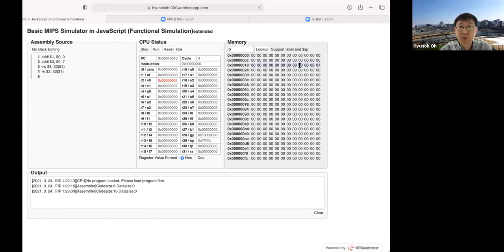This is the starting point. At this location, what value is stored? A store word is storing 4 bytes. Which means R3 is 00000007. This is 4 bytes, right? These 4 bytes are stored from this 32 location here. So 00 is stored and 000007. These 4 bytes are stored from this location.